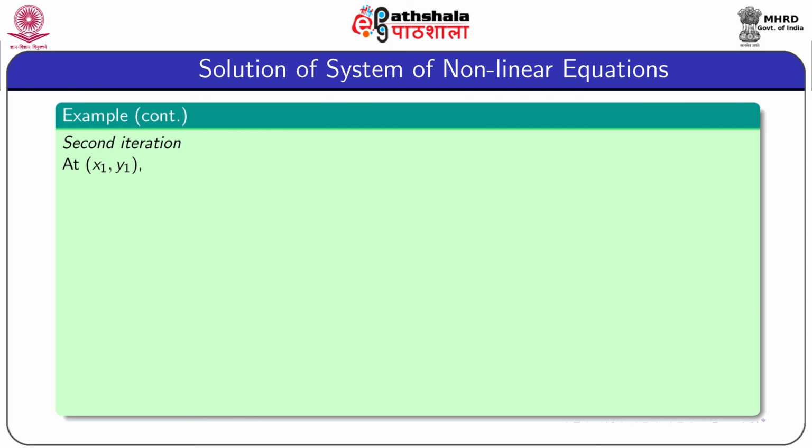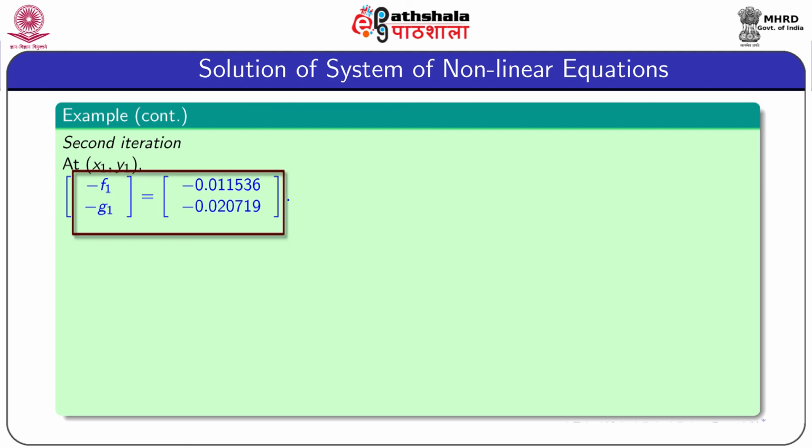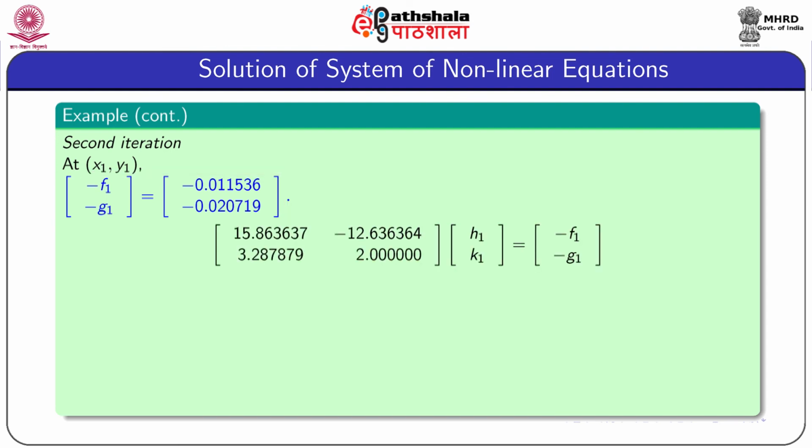Now, at the second iteration, that means at the point x1, y1, the value of −f1 is −0.011536 and the value of −g1 is −0.020719, and the matrix equation is this one, which contains a 2 by 2 coefficient matrix, the unknown vector h1, k1, and the known right hand vector, whose values are mentioned in the first line.